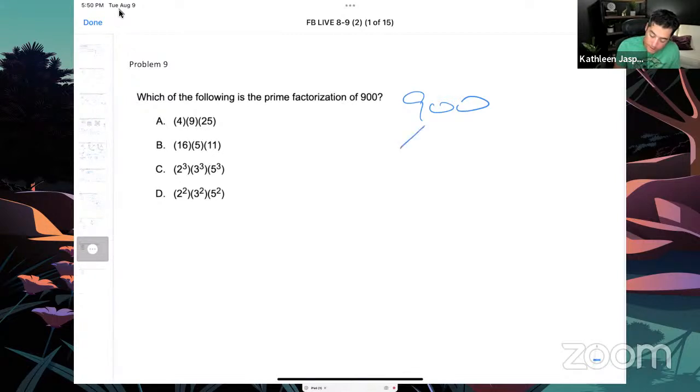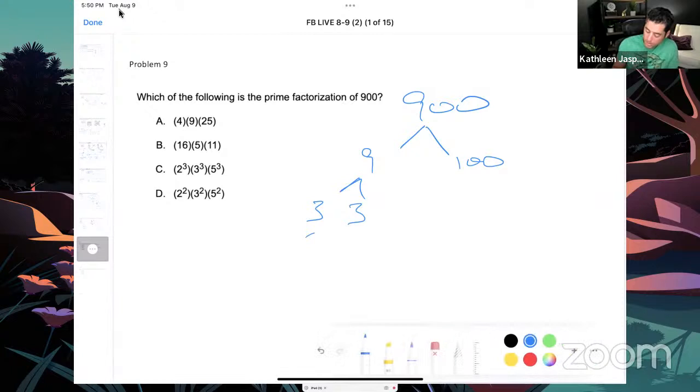I know that I can take 9 and 100. That's pretty easy to do. And then I can break it down from there. 9 is the same as 3 and 3, and then we're done. 3 is a prime number, and we've got 2 3s in our number.